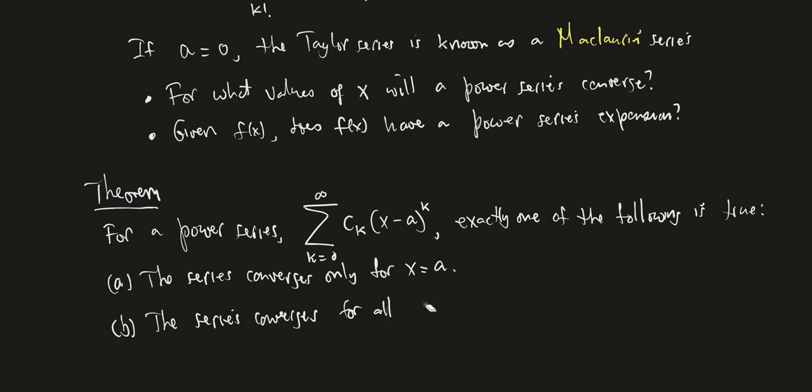In fact, let me say this, it converges absolutely for all real values of x. We're able to get it to cover a specific function no matter what x is.